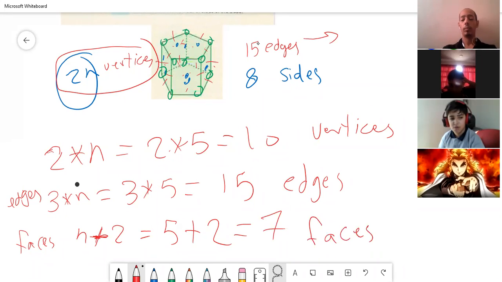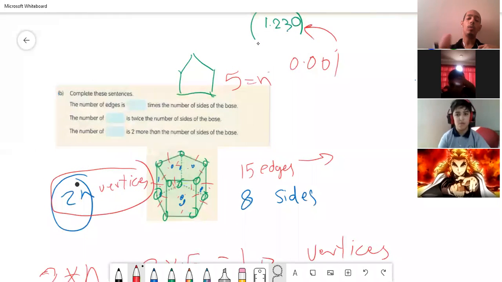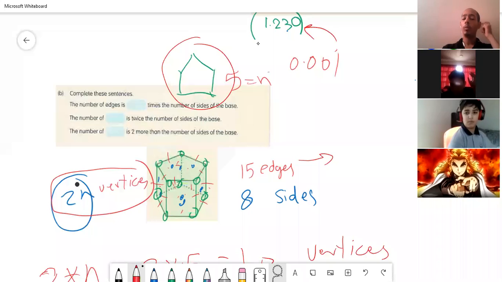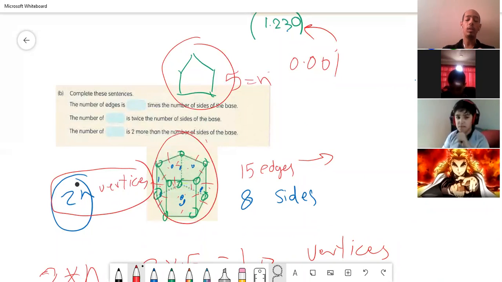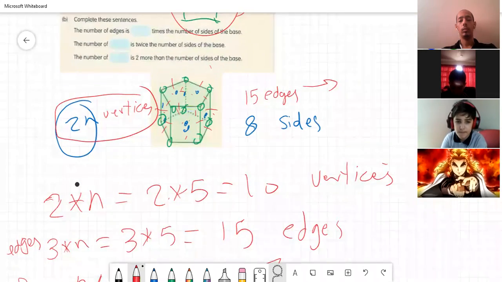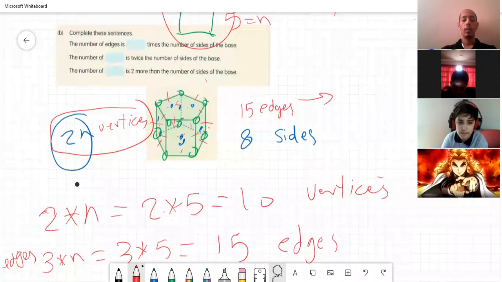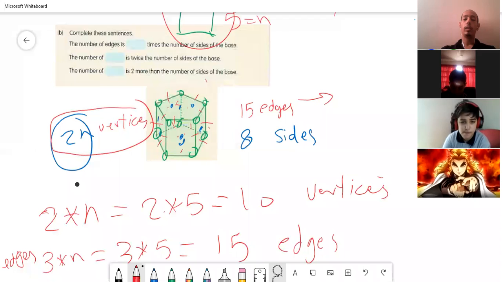What is the full form of n? n is the number of sides of the polygon. Which polygon? The polygon that makes this 3D shape. Teacher, the name of the shape gives us only the sides of the polygon, and they want edges. We multiply by 3.